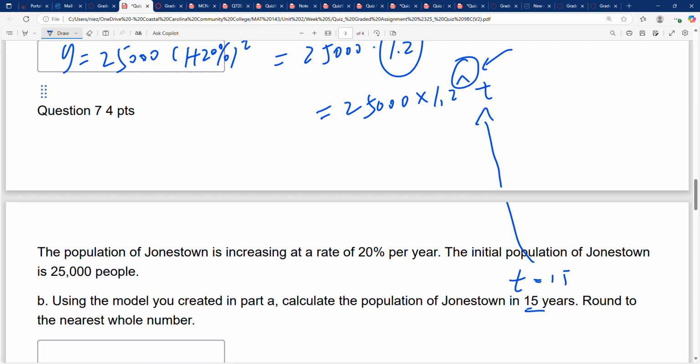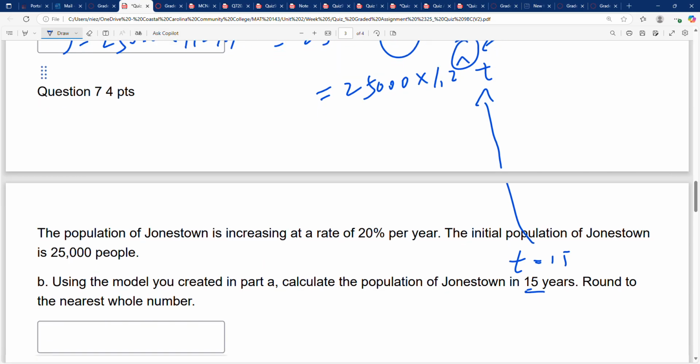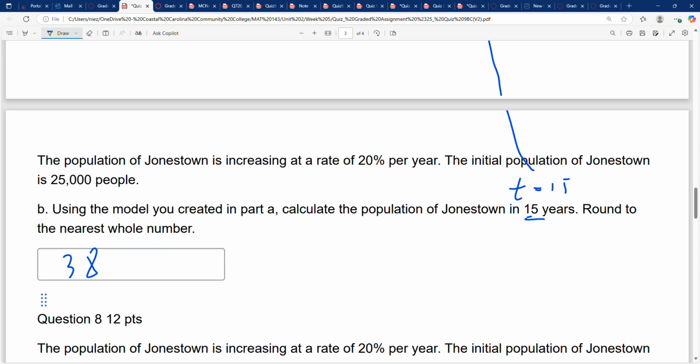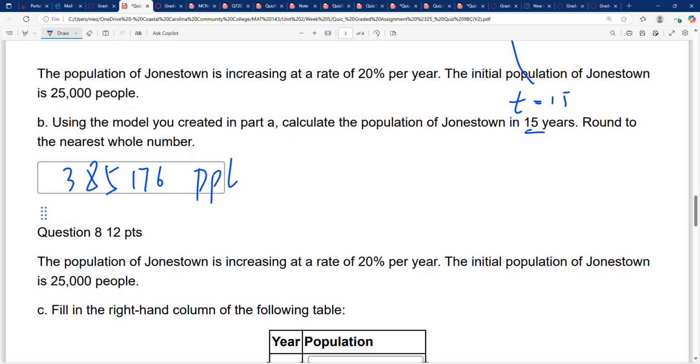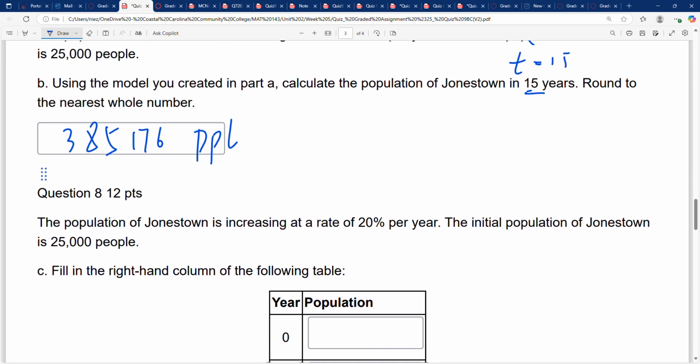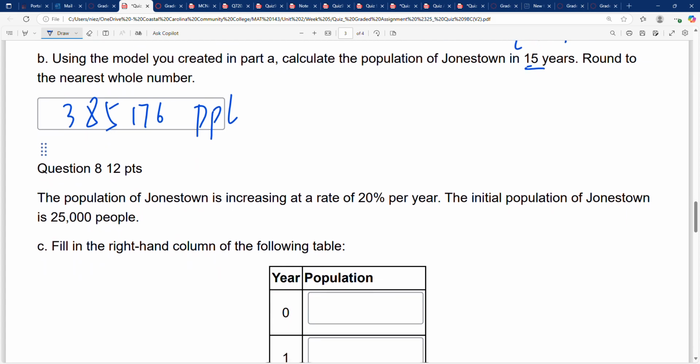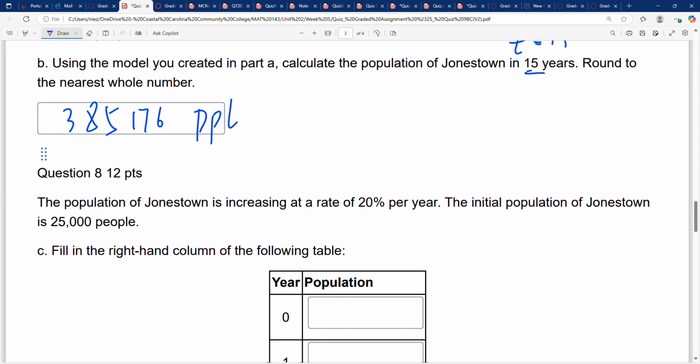I'm gonna skip the calculation, but the value is going to be 385,176. Again, somebody didn't get the correct value, very close to this one but not rounded to the right number. And somebody used different units, like dollars, when the unit is people.